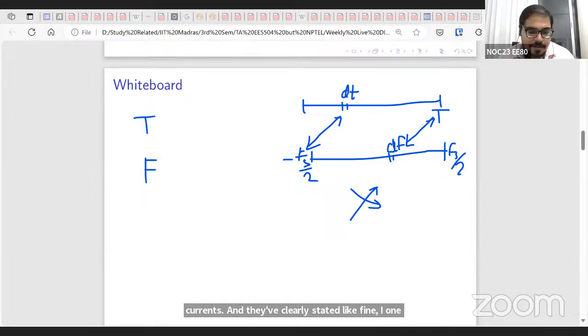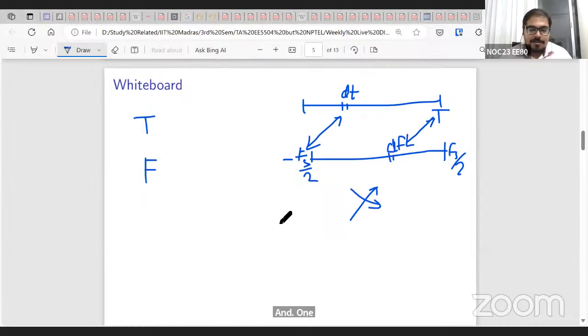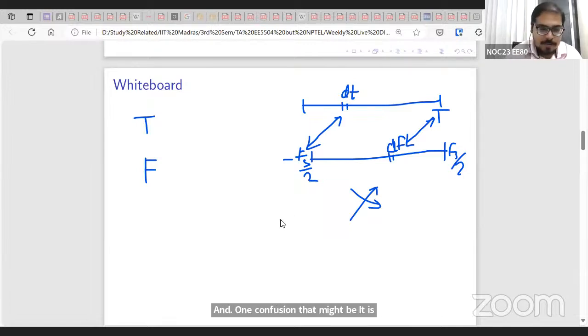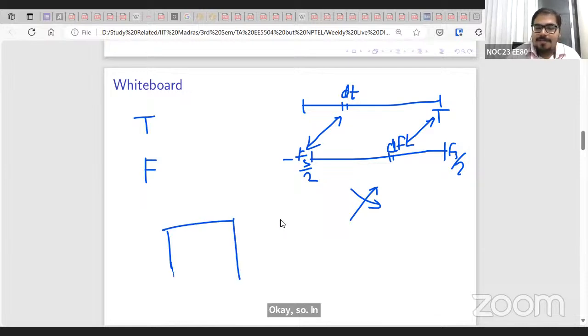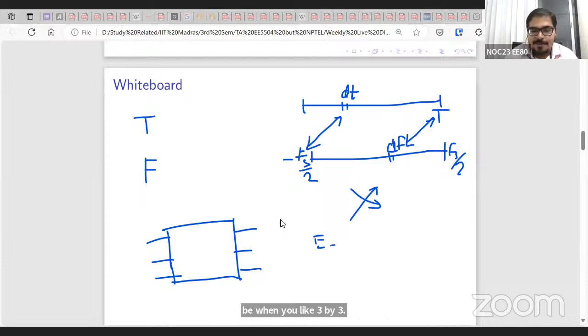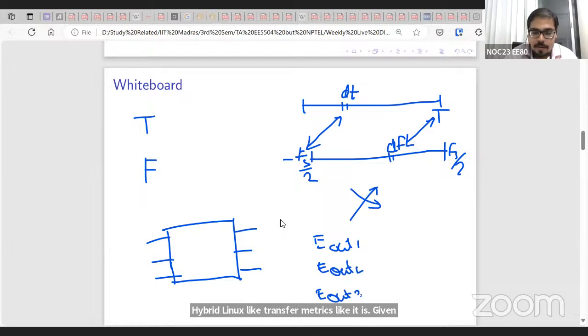And one confusion that might be that this may not be clear is, okay, in the second group of questions, they've given you a 3 by 3 hybrid transfer matrix. It is given to you, this matrix.